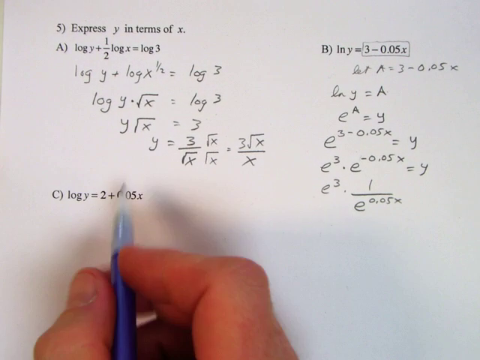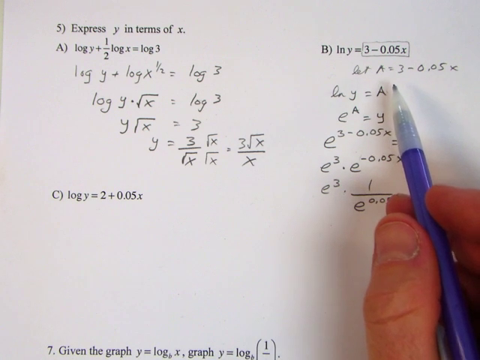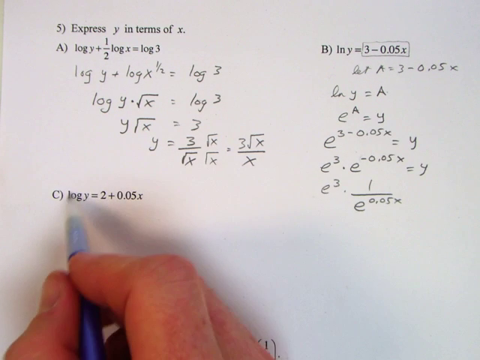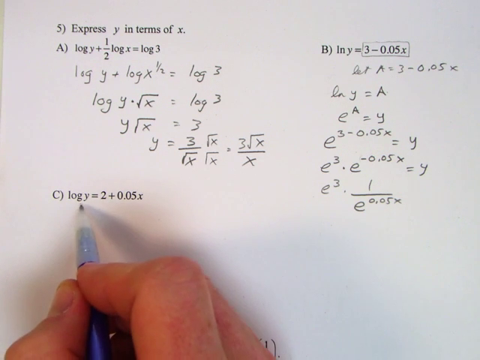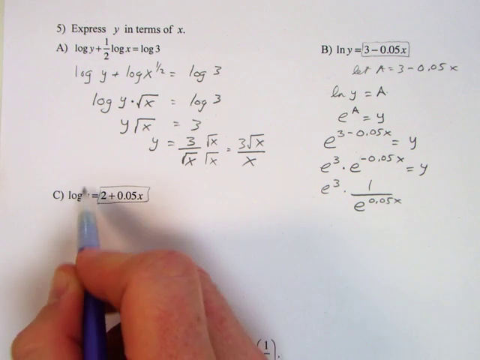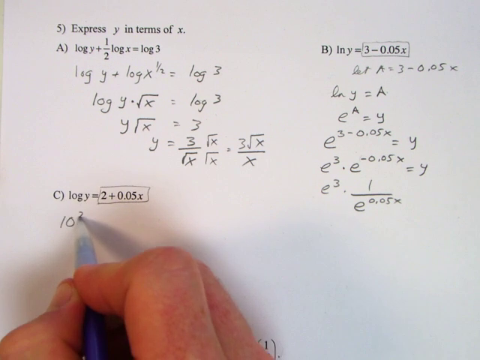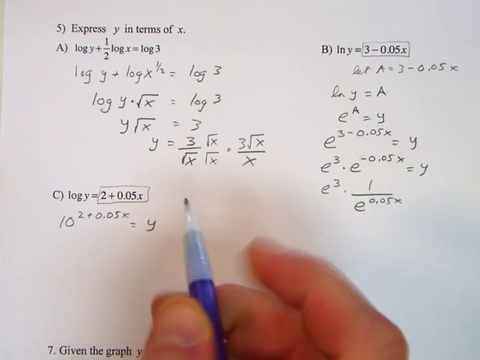Let's take a look at the next one. It's very similar. Instead of doing this substitution like we did on b, let's do it without it. What is the base of this log? This is basically a log equation here. The base is 10. So 10, what the log equals is our exponent. 10 to the 2 plus 0.05x equals y.